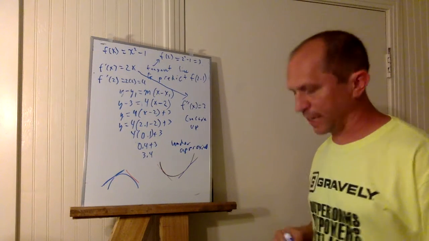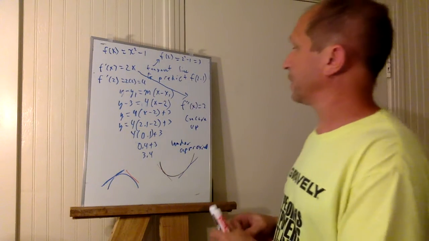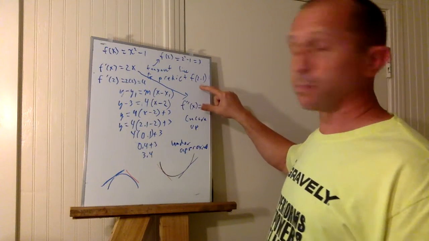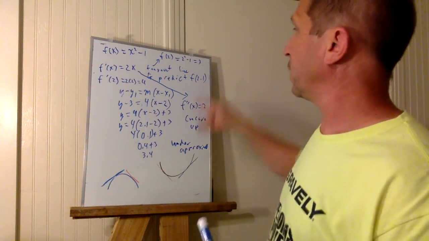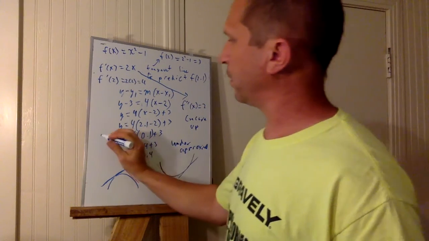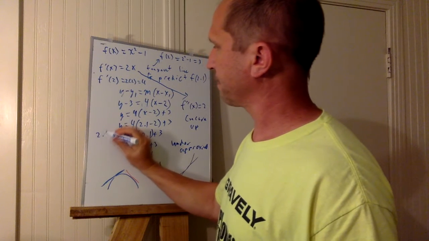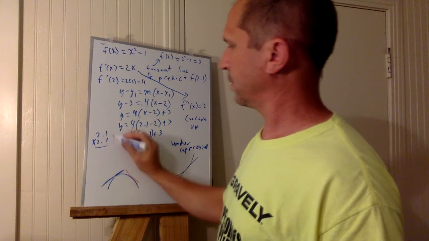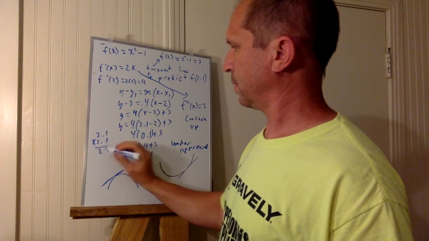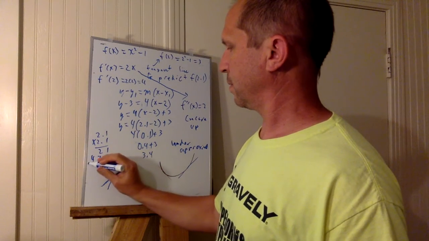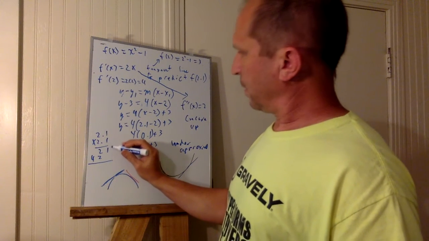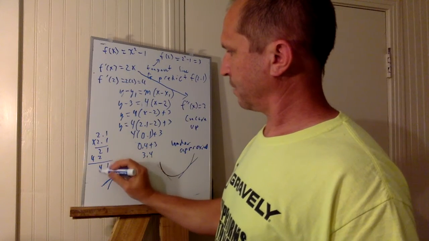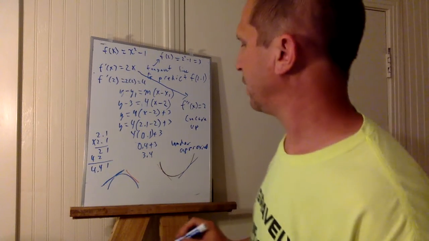Now let's just check this out and see what it is, because we can physically figure this point out. So what is f of 2.1? Well, 2.1 squared is 4.41.